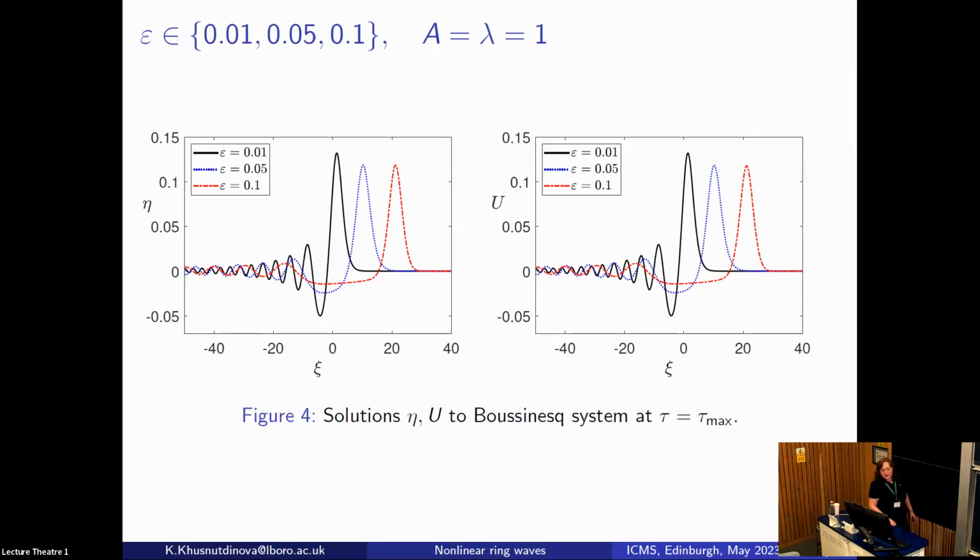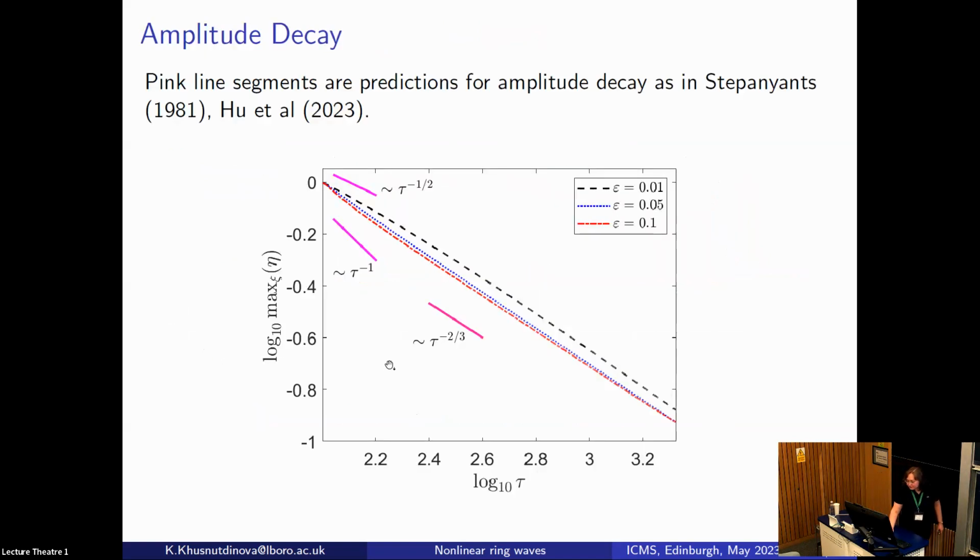So this is the dependence of the solution on the amplitude parameter epsilon. And of course, when epsilon is greater, then the waves propagate faster and the shelf is more pronounced. And that's what happens.